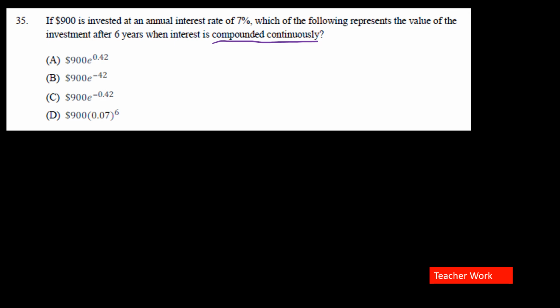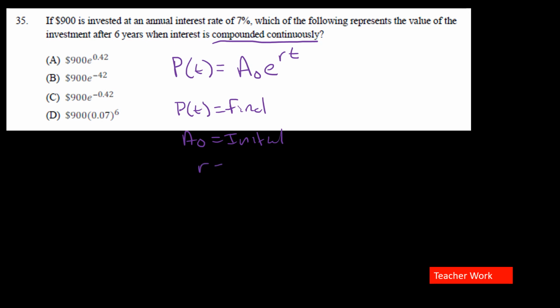So for interest compounding continuously, typically we see that as some type of P of t equals A naught e to the power of r t, where P of t is the final, A naught is the initial, r is the rate, and t is the time.